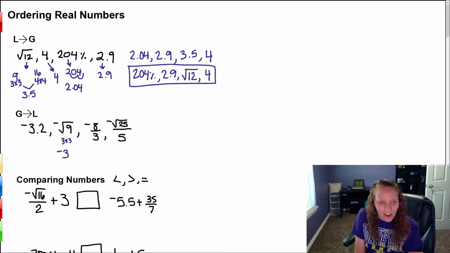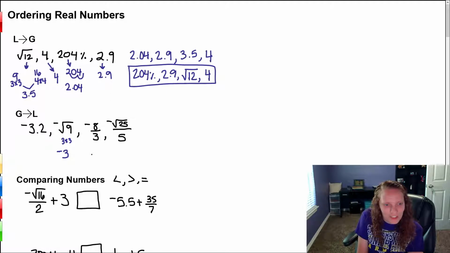Okay, now we have 8 over 3. So let's do first in, last out. The 8 will go in with dividing, and the 3 will go out. 3 goes into 8 twice. 3 times 2 is 6.